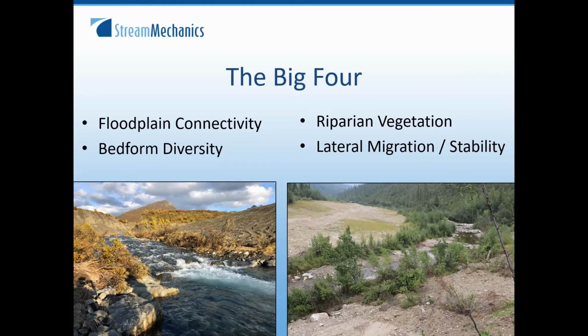And then the third is that riparian vegetation, really critical for providing the bank stability and the lateral stability. And then that last one is the lateral migration or stability. If you made me do a big three, I would eliminate lateral migration and stability, because I could almost argue that if you get the first three right, floodplain connectivity, bedform diversity, and riparian vegetation, your lateral migration will come. But we do generally call these the big four.